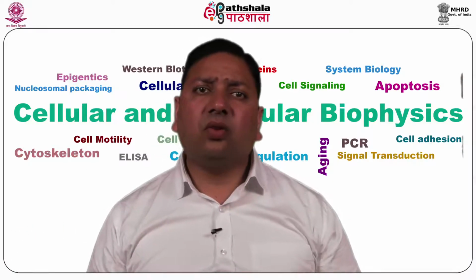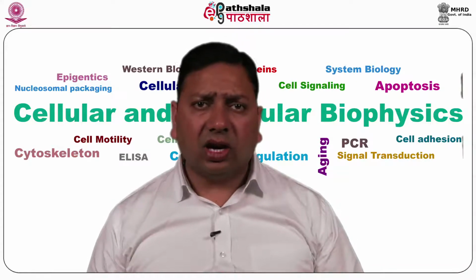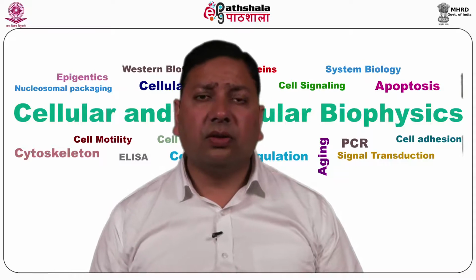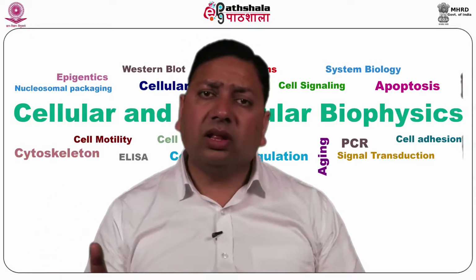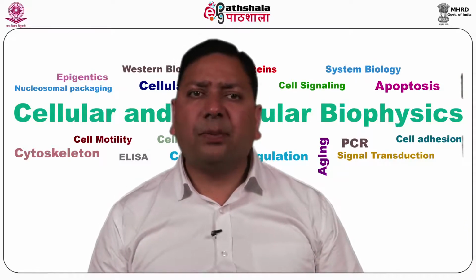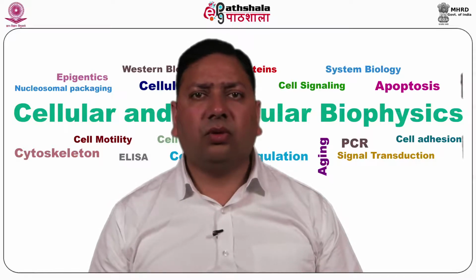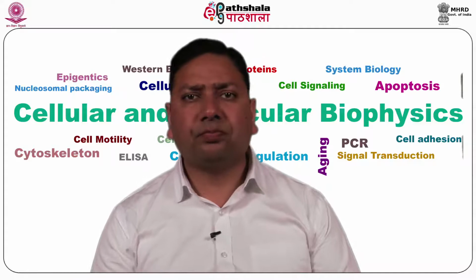Their relative rates of import and export determine the steady state localization of such shuttling proteins. If the rate of import is more than the rate of export, a protein will be located primarily in the nucleus, and vice versa for a protein located mainly in the cytosol.